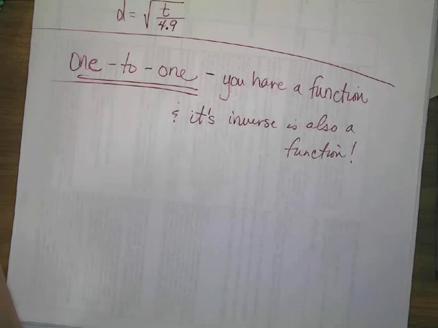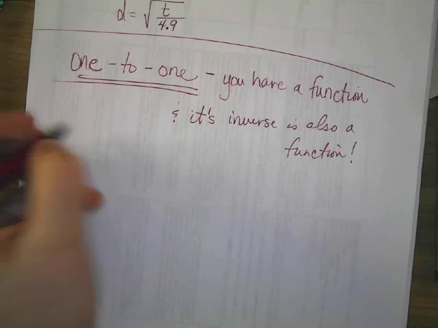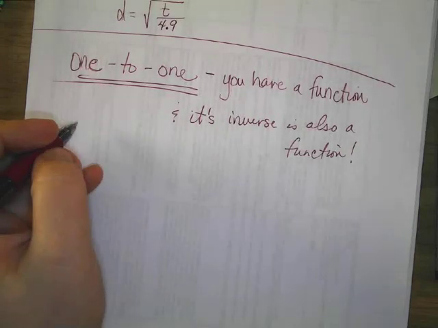So that's like what we just had. When I say one-to-one, it is a function and has an inverse. And one way to tell whether or not you have a one-to-one situation is you use the idea of a composition.